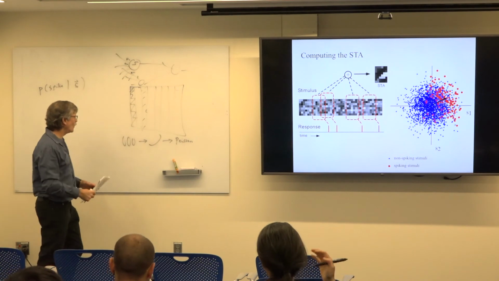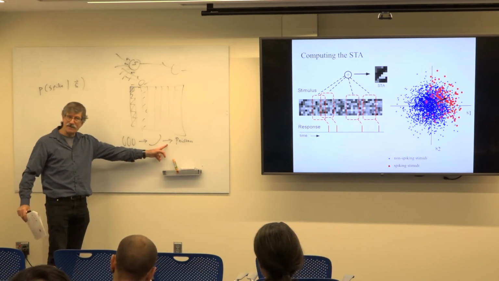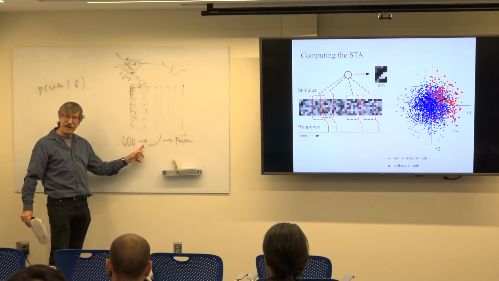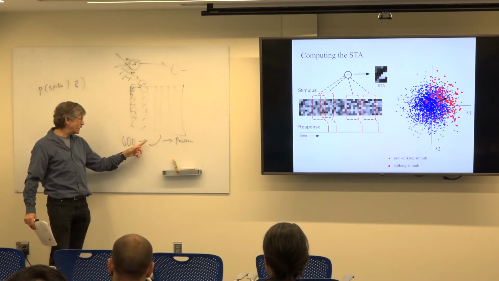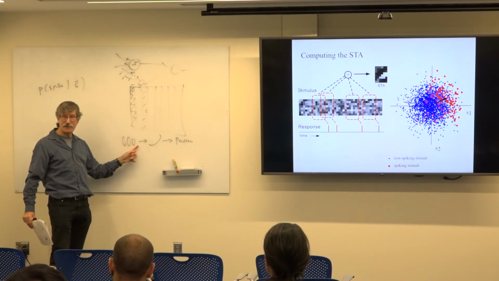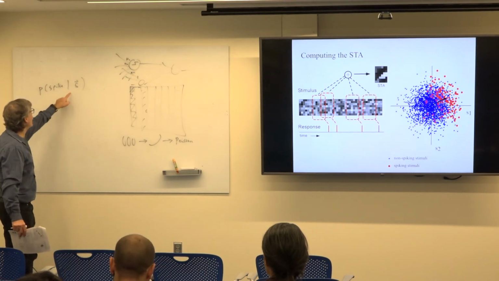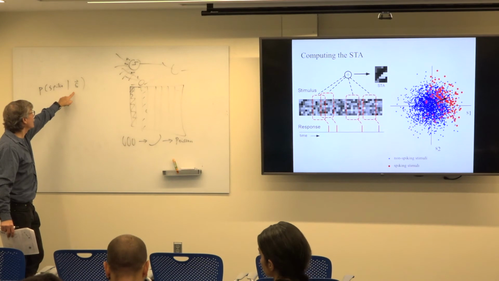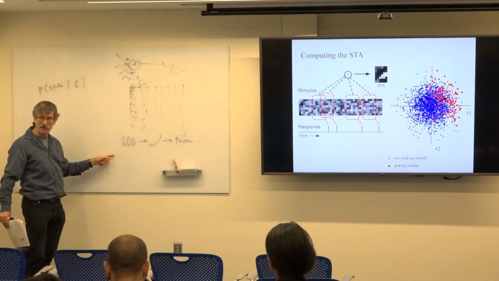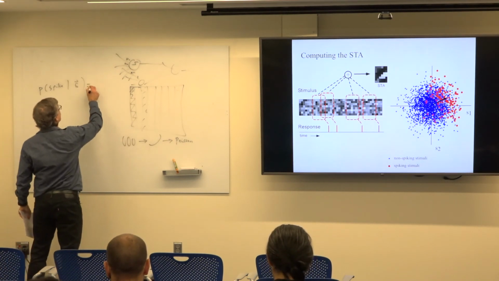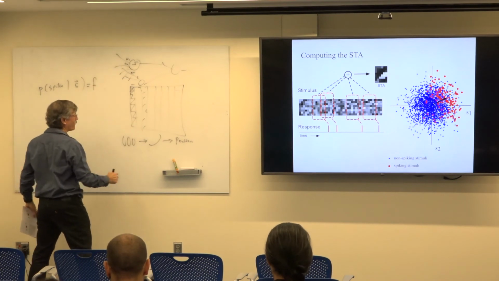So here's the probability of spike, and that is a deterministic function of what you get out of here, which means it's a deterministic function of take the receptive field and dot product it with your stimulus. So the probability of spike given stimulus is going to be something about dot product with the receptive field, if this model is correct. In other words, this is some function f.